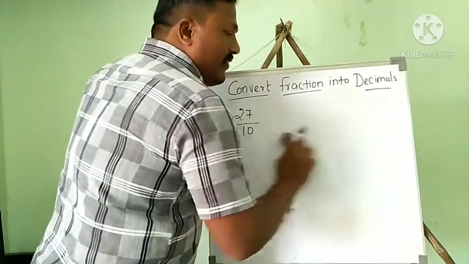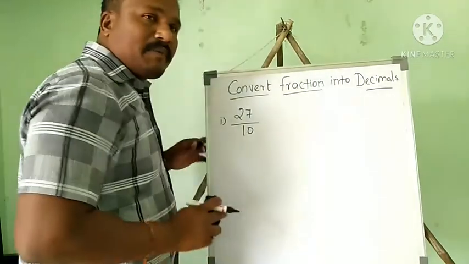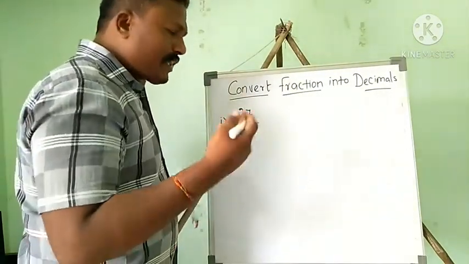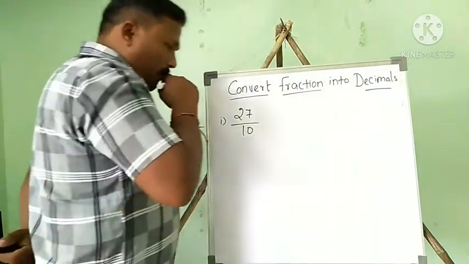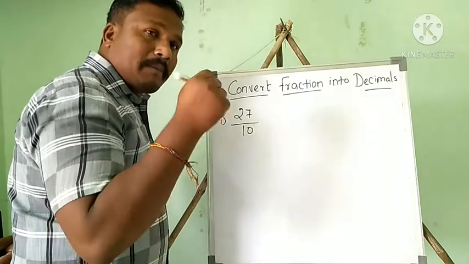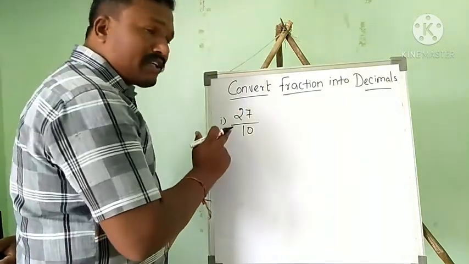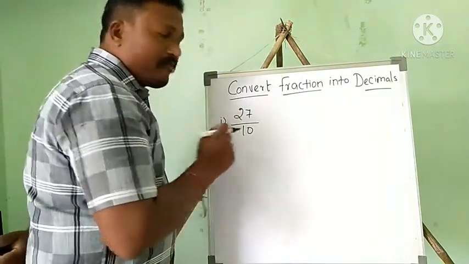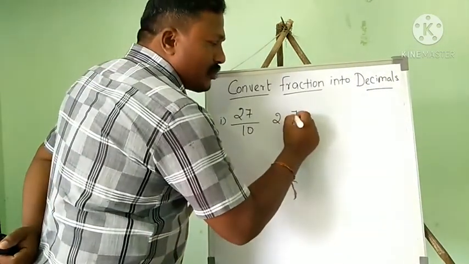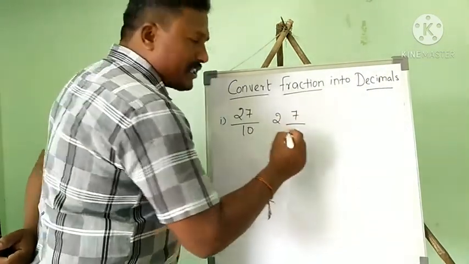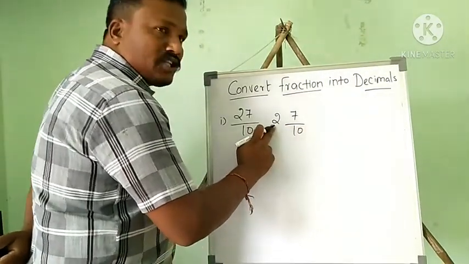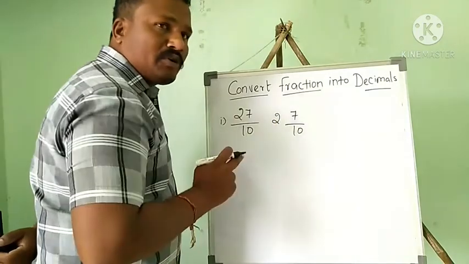We know very well how to convert an improper fraction into a mixed fraction. So I take 20 outside from 27, and the remaining 7 is the fraction part. If you multiply 2 times 10, that is 20, plus 7, 27.